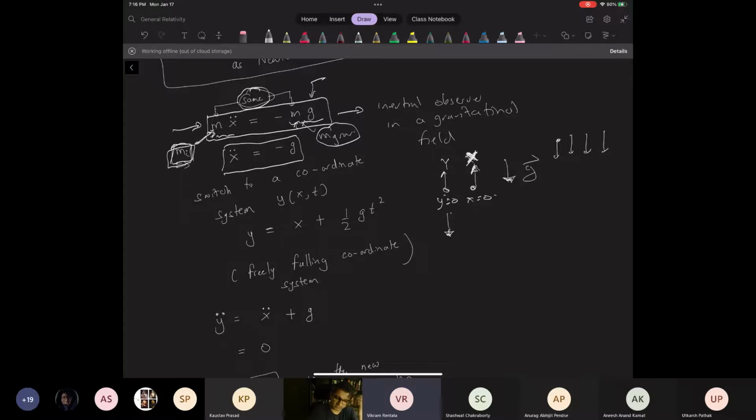So let's imagine a reference frame which is accelerated downwards. It's freely falling, so it's accelerated with this acceleration g. And now we want to know how to describe the coordinates y of some particle in that freely falling reference frame. So this is not an inertial reference frame.